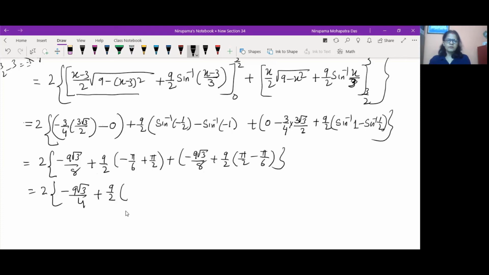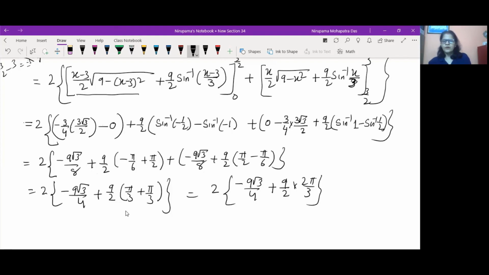That means pi by 3 plus pi by 3. So twice of minus 9 root 3 by 4 plus you are getting 9 by 2 into 2 pi by 3.